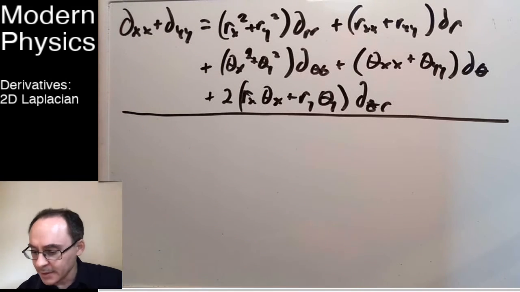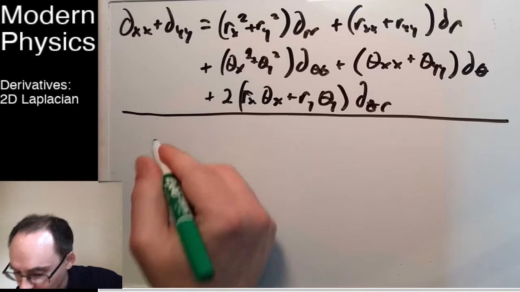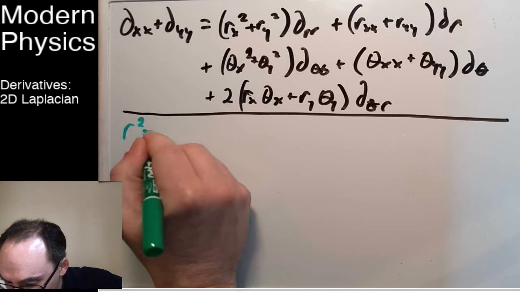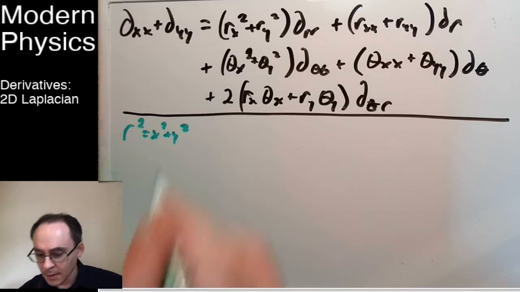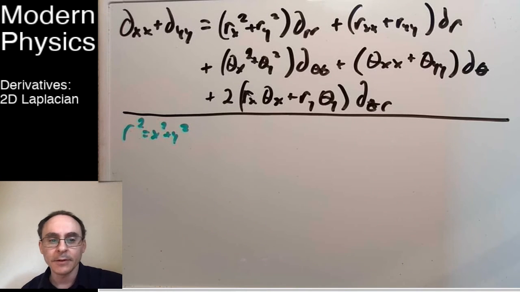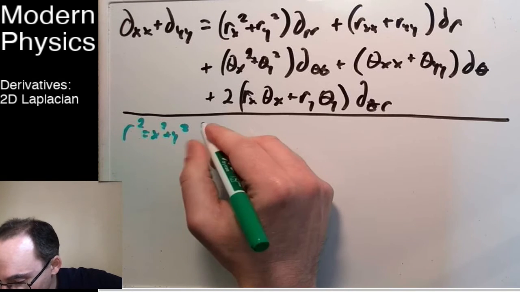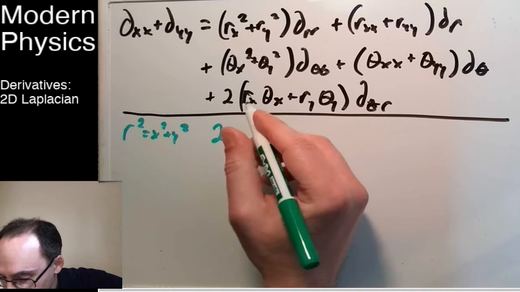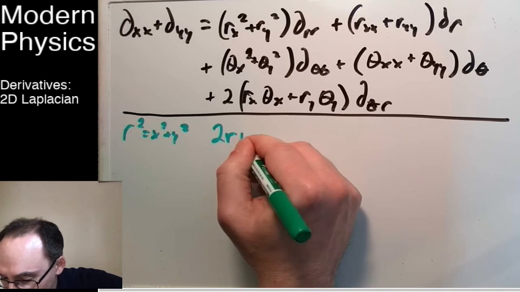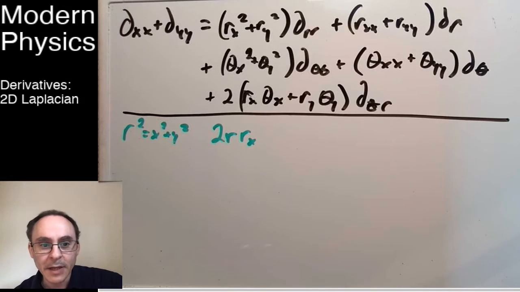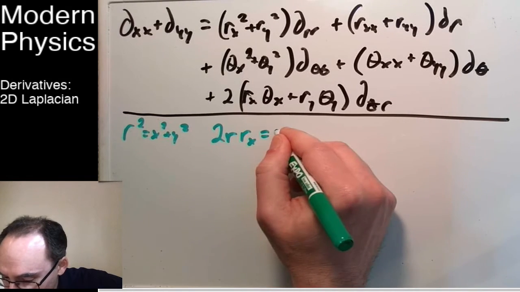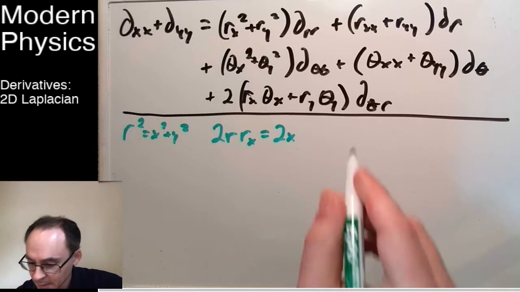The nicest way we can get what these things are is to just write, for example, r squared is x squared plus y squared. And then we can take the derivative of both sides of this equation with respect to x. So if we do that, then we get 2r dr dx, which is what that means, equals 2x.